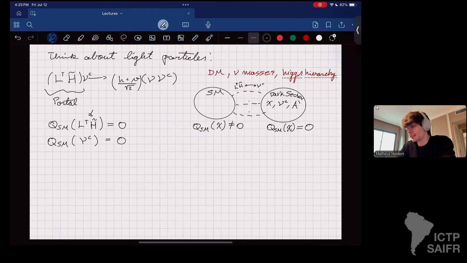And I'll do it more in overview mode rather than more detailed. I think the first 2 lectures were more the details of the calculations and to give an idea of how the mechanics of neutrino mass actually works within the standard model. Now I'm just going to tell you a bunch of facts and give you an idea of what the phenomenological consequences of different types of dark sector particles are.